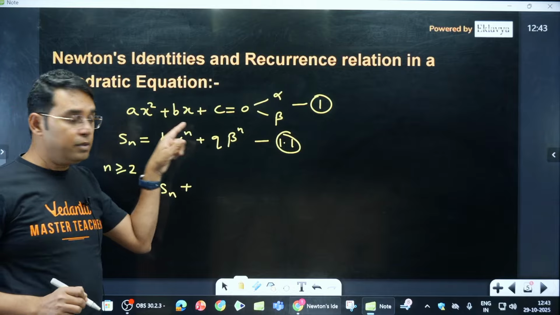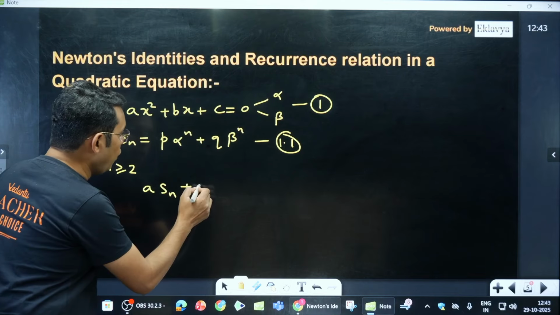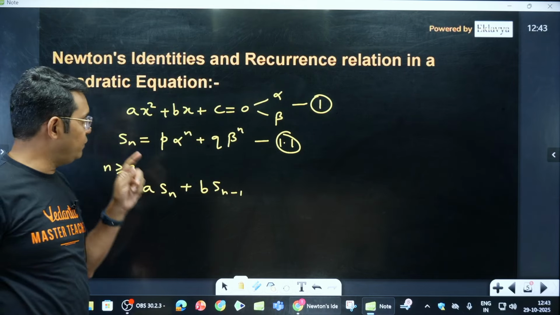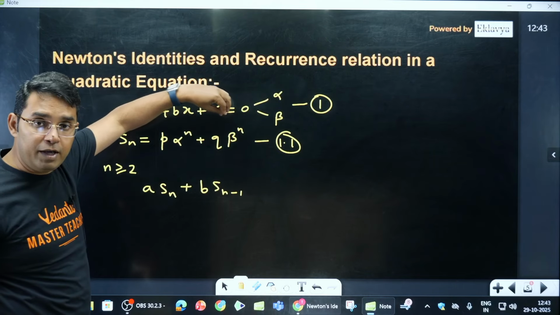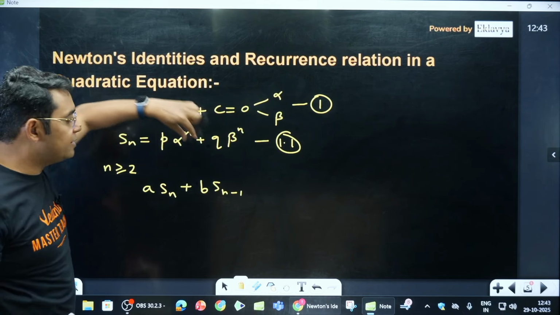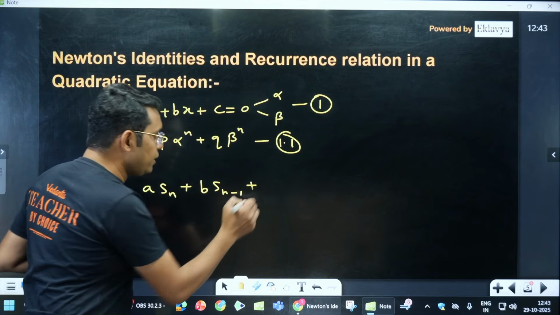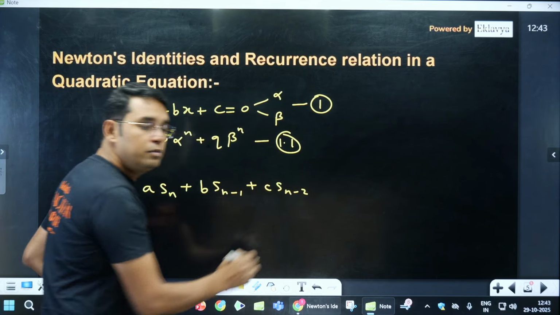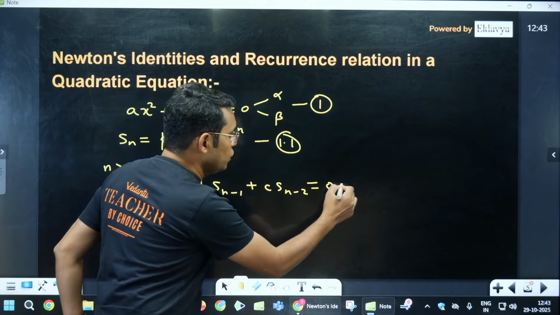Because the second term has 1 degree less than x square, here also you will have 1 degree less, Sn minus 1. Here, degree is defined by the powers on the roots alpha and beta. So this is Sn, this is Sn minus 1, 1 degree less. Similarly, the next term would be c into Sn minus 2, for a further 1 degree less, and that will be equal to 0.